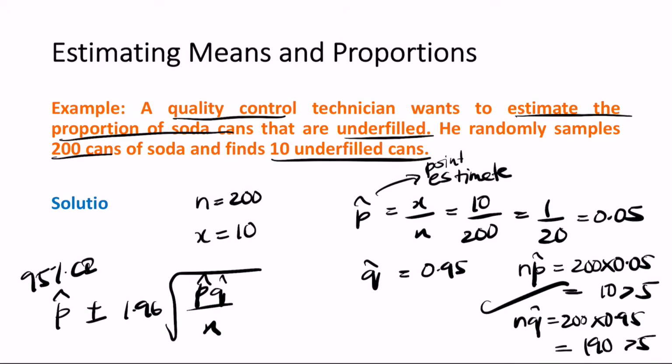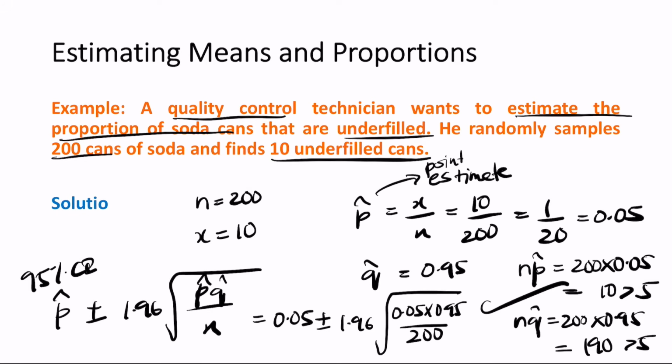So the 95% confidence interval, when you write down the values, becomes 0.05 plus or minus 1.96 times the square root of 0.05 times 0.95 divided by 200.